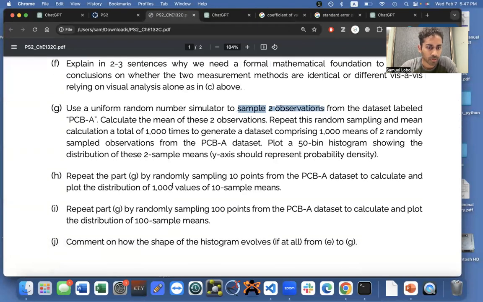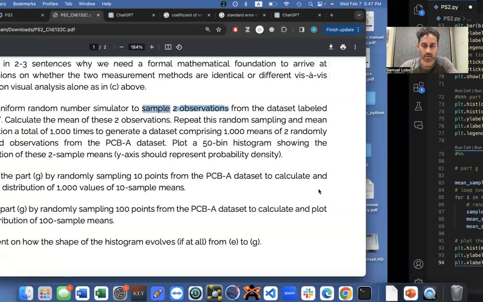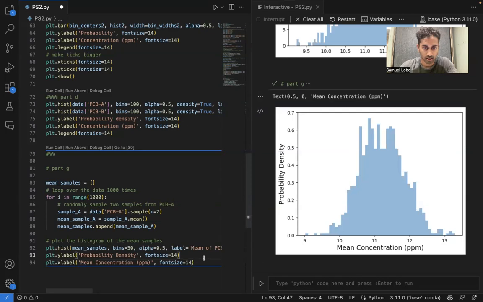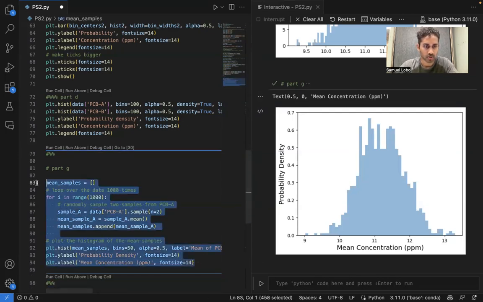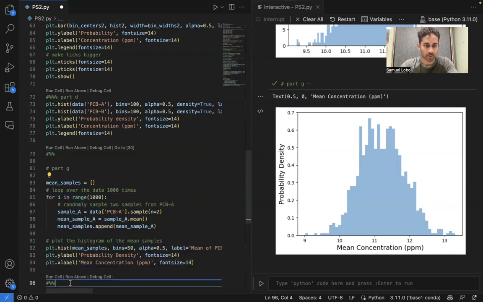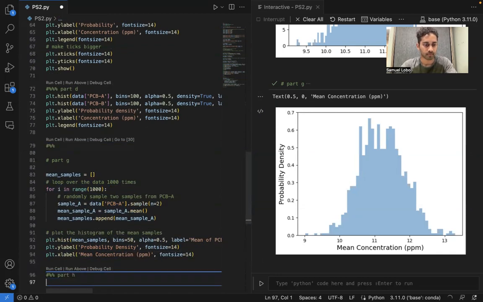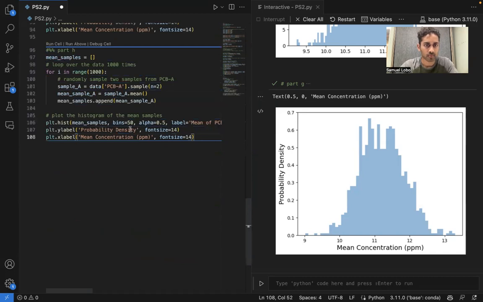Now it's saying repeat part G by randomly sampling 10 points from the data set and then do the same exact thing. So I think that's more or less copying and pasting our old code and just changing a single number. We're going to change this to 10.